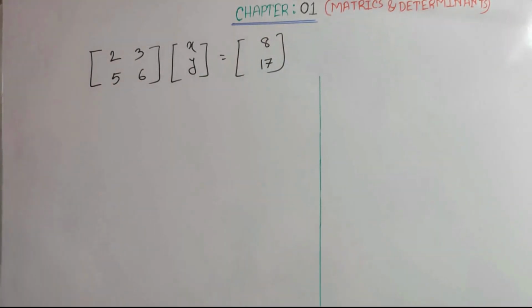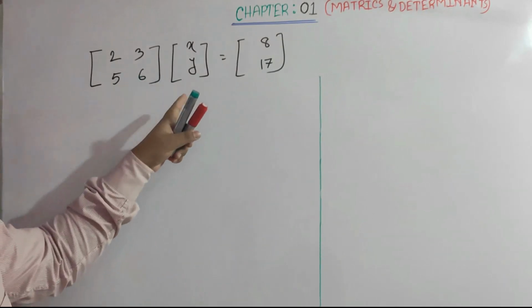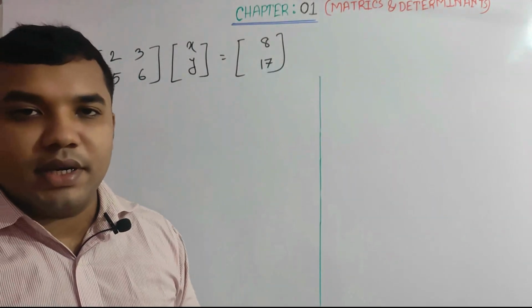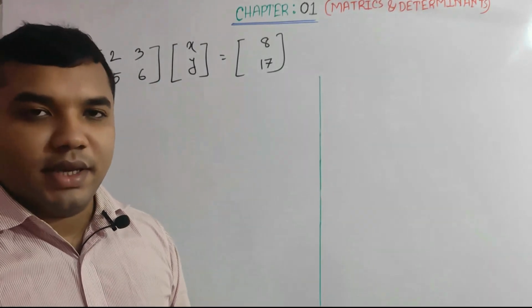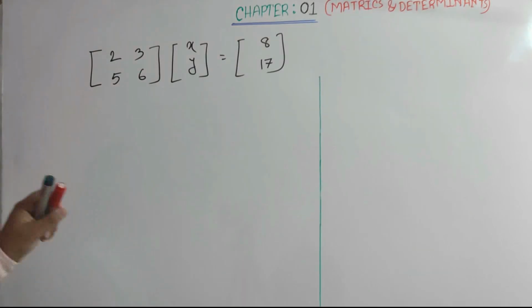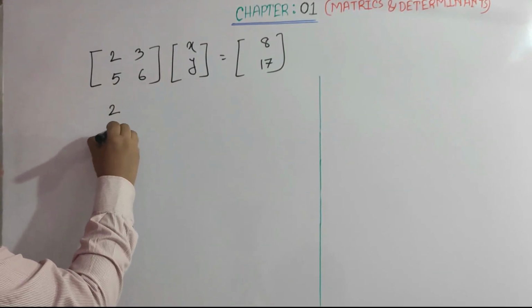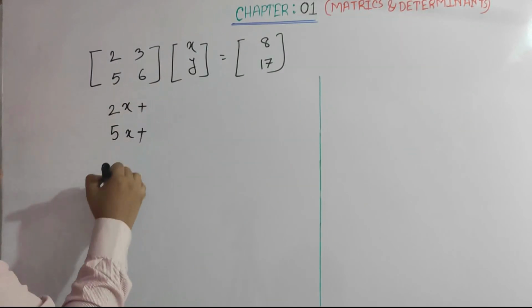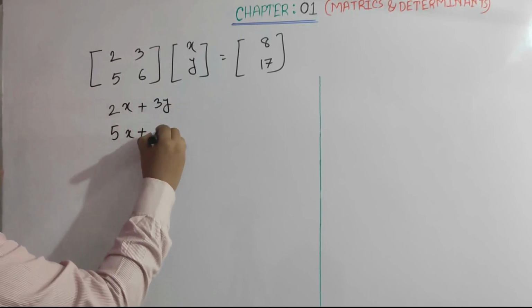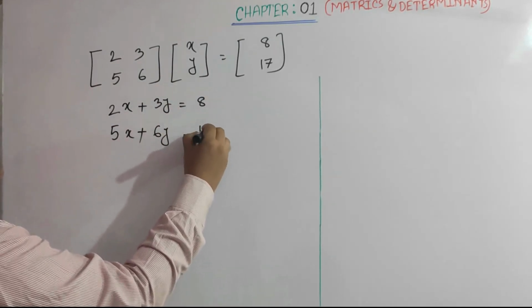Suppose these two matrices are multiplicable, and here is the resultant value. If we multiply these two, then we will get 2x plus 3y, 5x plus 6y, equal to 8 and 17.